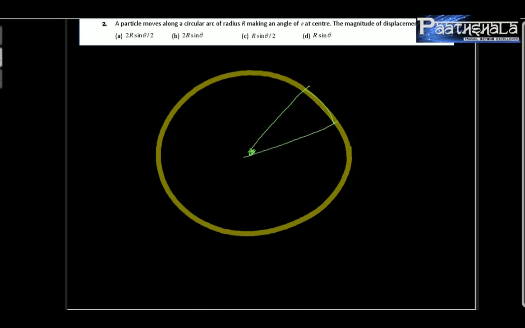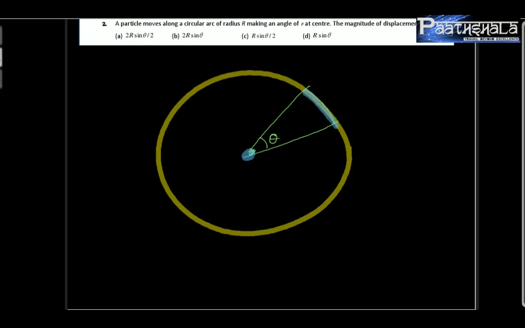Particle is moving along this arc, let's say. All right? So what have they asked? It moves through an angle theta. The magnitude of displacement is what?